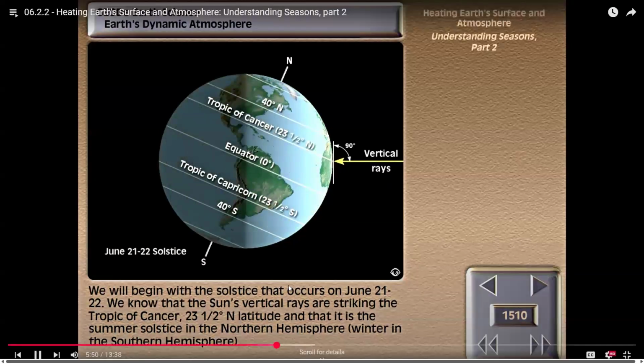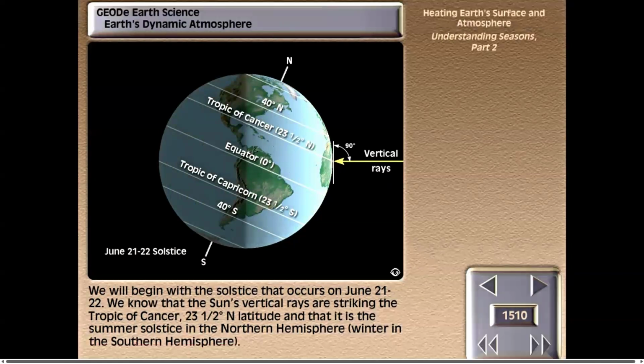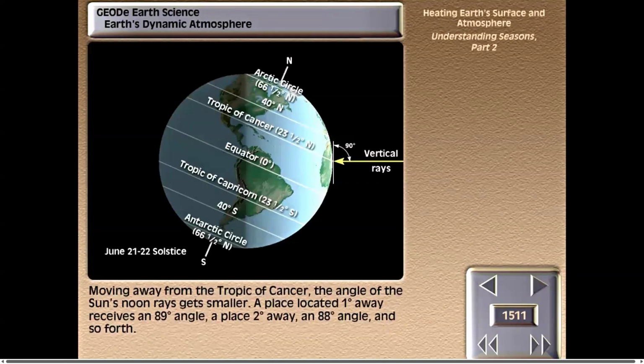We know that the sun's vertical rays are striking the Tropic of Cancer, 23.5 degrees north latitude, and that it is the summer solstice in the northern hemisphere. Moving away from the Tropic of Cancer, the angle of the sun's noon rays gets smaller. A place located 1 degree away receives an 89-degree angle, a place 2 degrees away an 88-degree angle, and so forth.